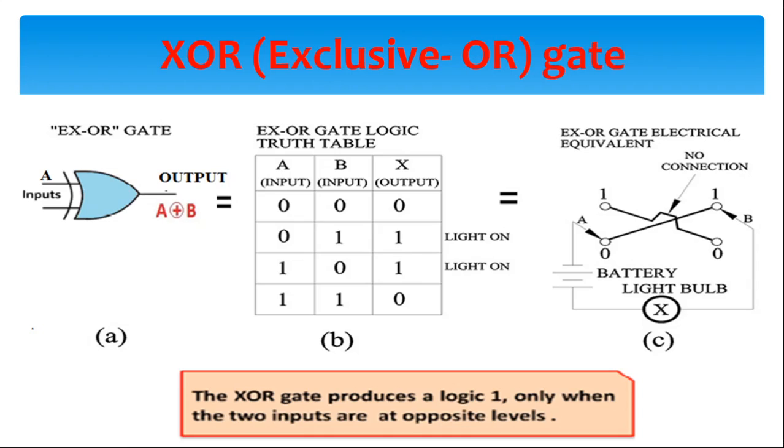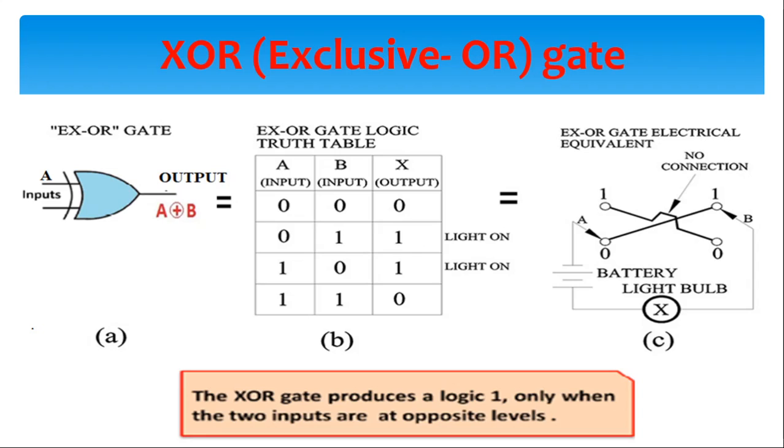XOR gate or exclusive OR gate. Let us now study the truth table of XOR gate, that is exclusive OR gate. This gate is basically designed to exclude the condition of standard OR gate to generate real binary addition.